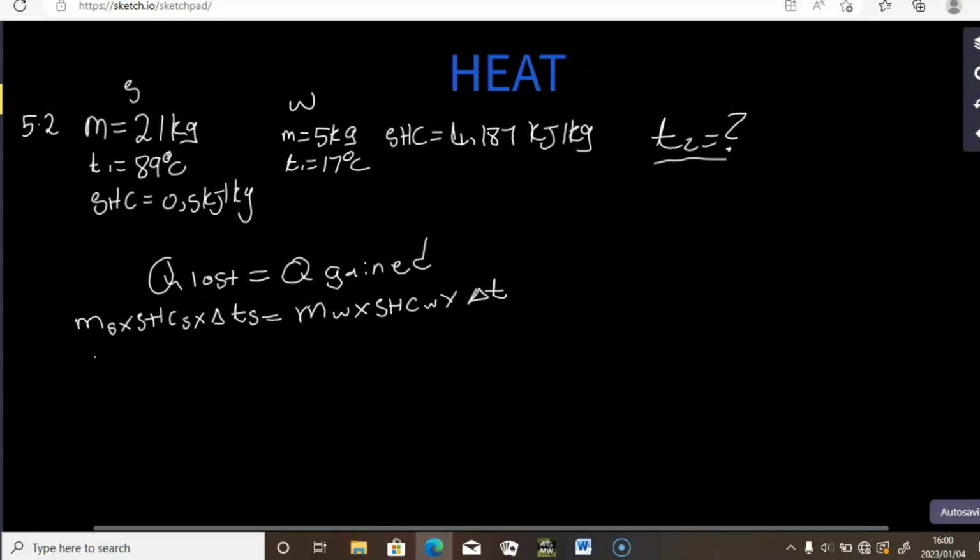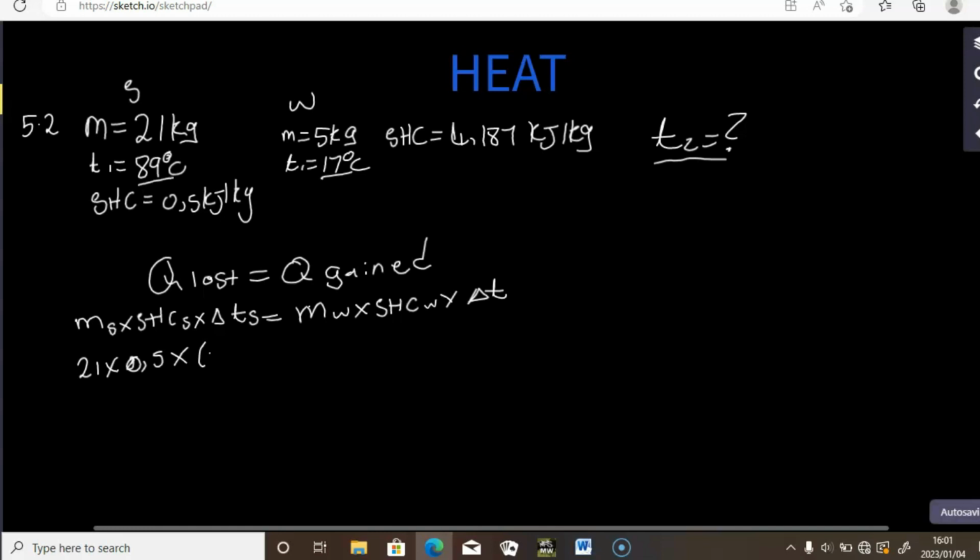So we are going to substitute. Mass of steel is 21. Specific heat capacity of the steel is 0.5. Temperature difference. The heat energy is lost from the steel to the water. You can tell that by looking at their initial temperatures.